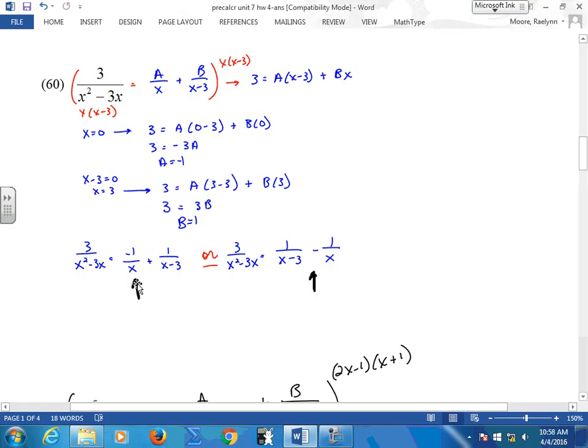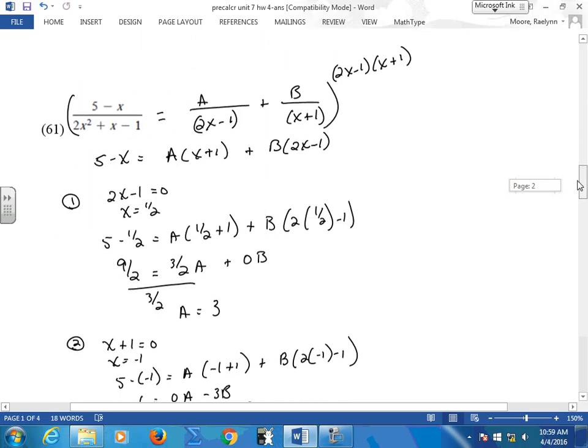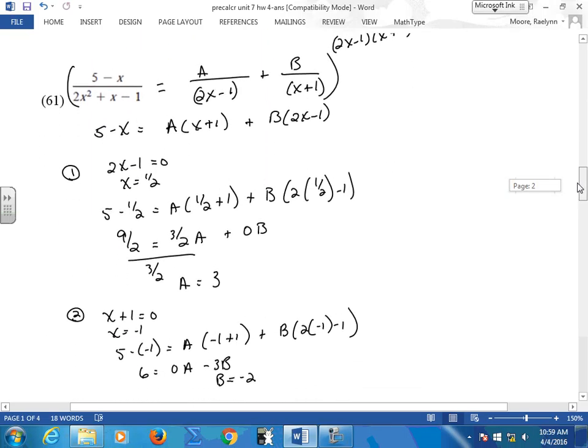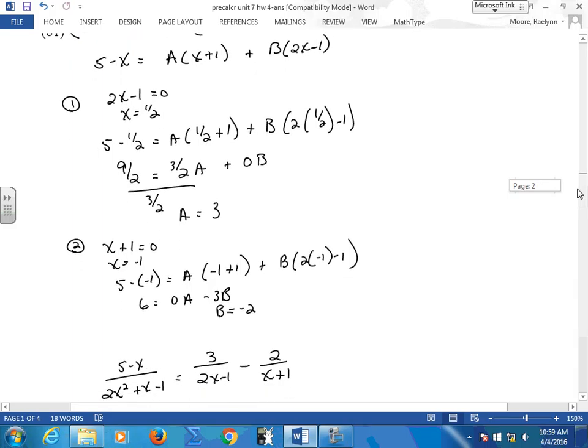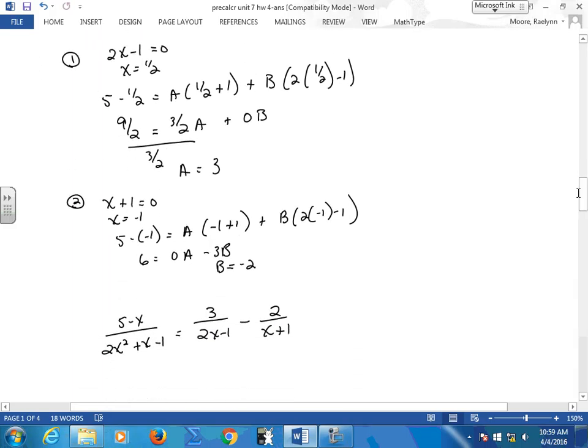So whichever way you put it is fine with me. This guy, we found our factors. Set them equal to 0. Plug them in. As bad as they look, they came out kind of nice with an A and a B.